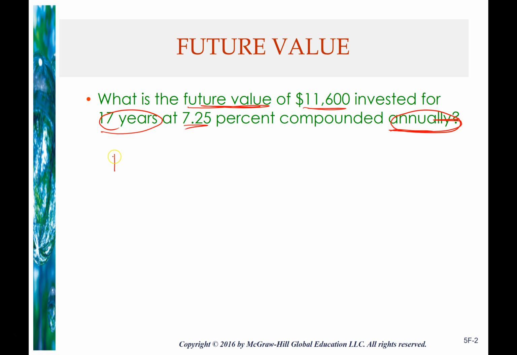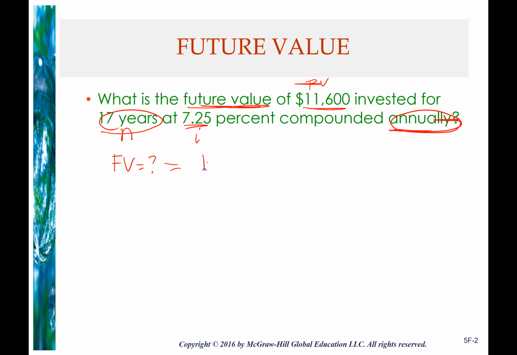So automatically, we're looking for the future value. What is your N? Your N is 17 years. What is your I? Your I is 7.25%. And we're looking for the future value of the present value, which is $11,600. So let's write out the formula.